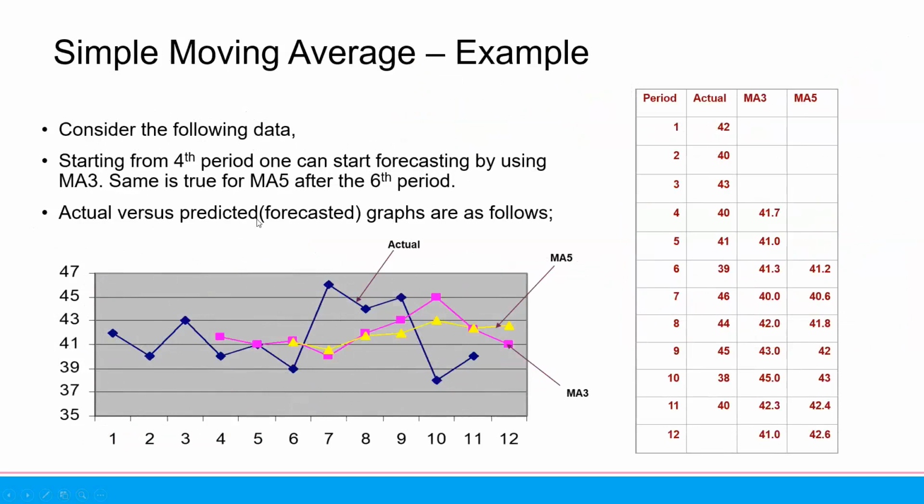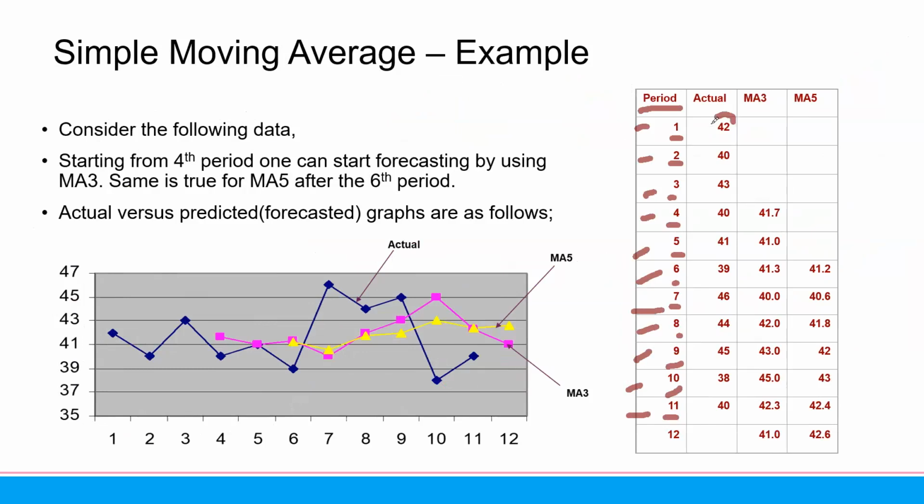So let's see one example about simple moving average. Let's suppose I have 11 data. Period means, this is period 1, 2, 3, 4, 5, 6, 7, 8, 9, 10, 11. Maybe this is January, February, March, April, May, June, July, August, September, October, November.